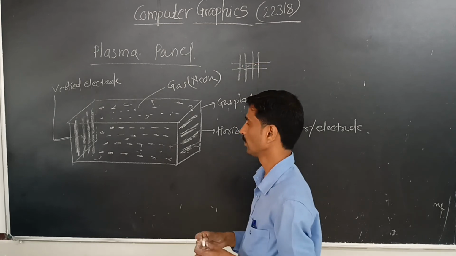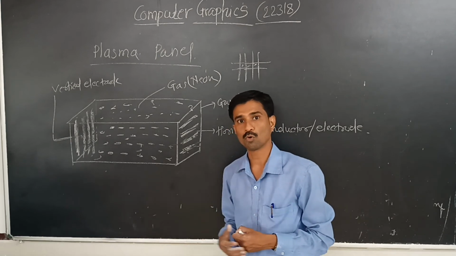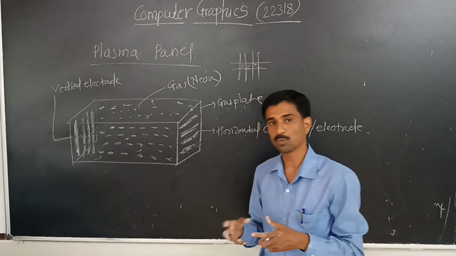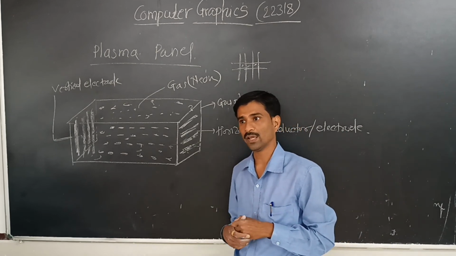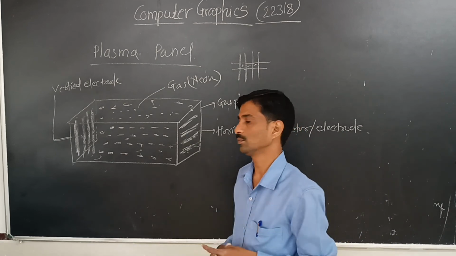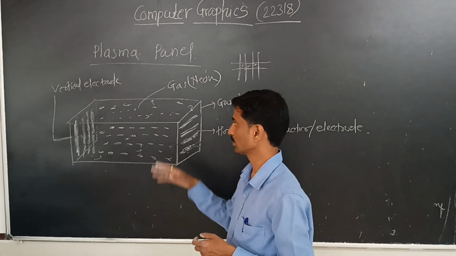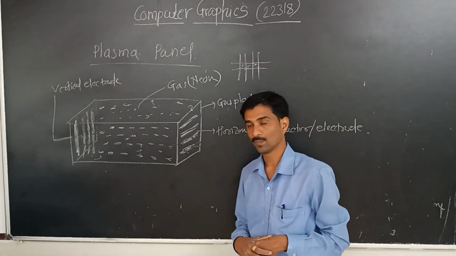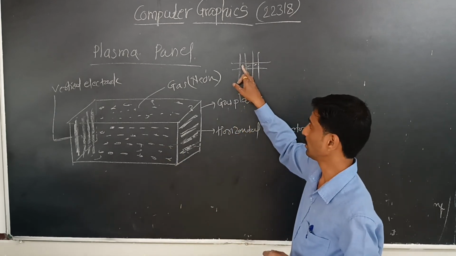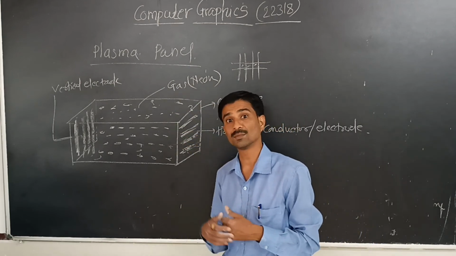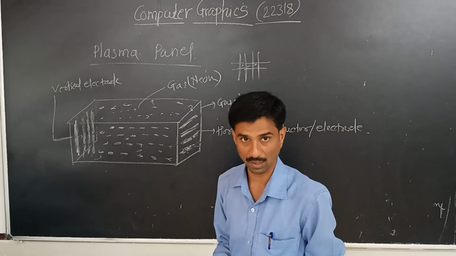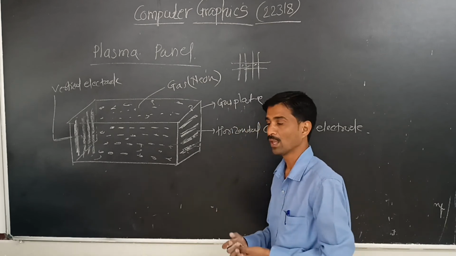This intersection will produce tiny cells, or convert the gas into plasma. The neon gas will convert into tiny cells, and they are called plasma.